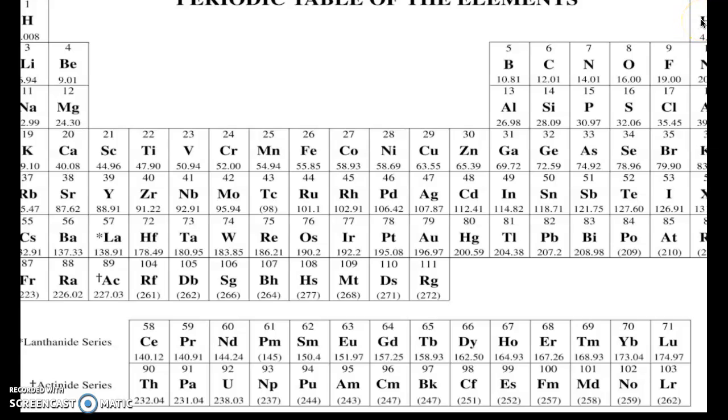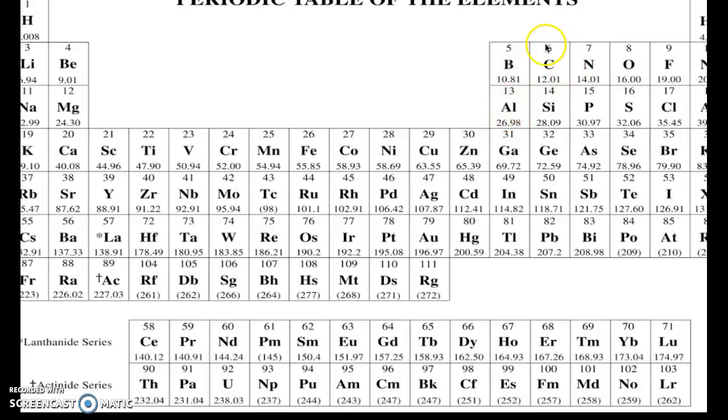Okay. And then the common charges that they tend to form, the alkali metals tend to form +1, alkaline earth metals tend to form +2, so they lose electrons to become like the noble gas behind them. The transition metals do some different things with their d electrons, so they don't have set rules, except for zinc, which forms a +2, and silver, which forms a +1. Aluminum forms a +3.